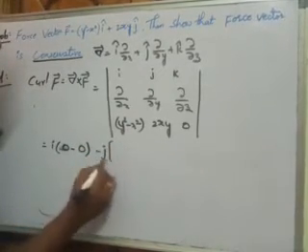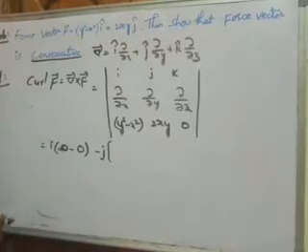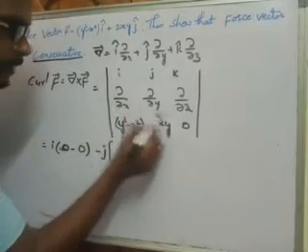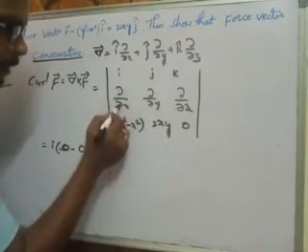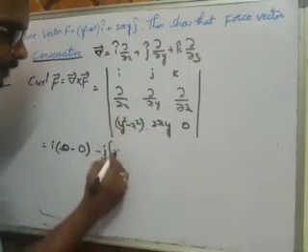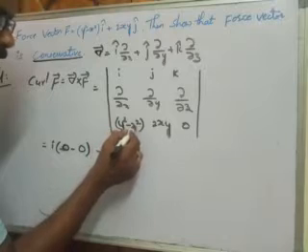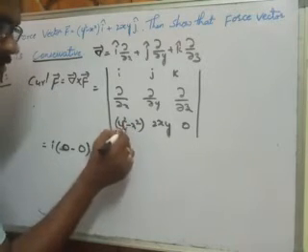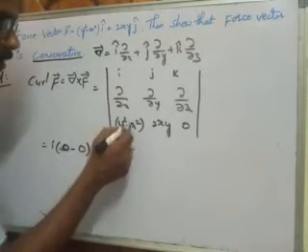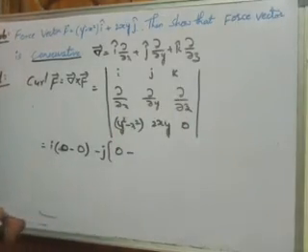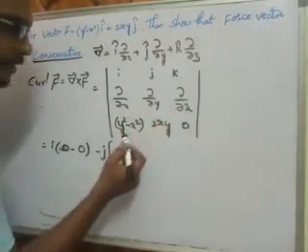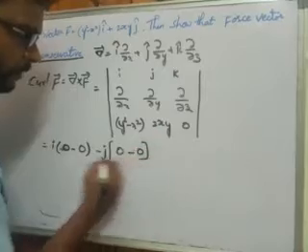Minus j into ∂/∂x of 0, which will become 0, minus ∂/∂z of (y² − x²). In this term there is no z component, and if you take partial differentiation with respect to z, this term also goes to 0.